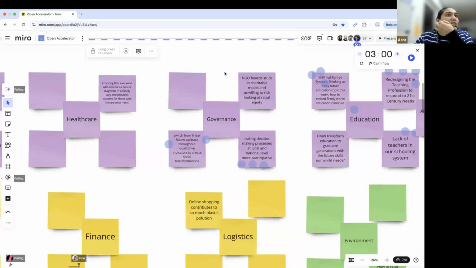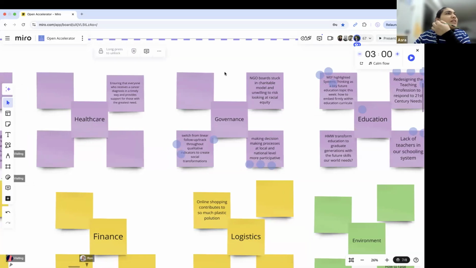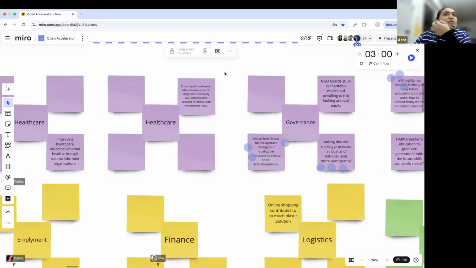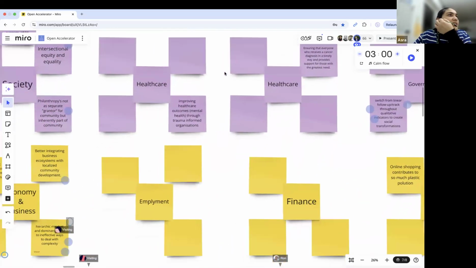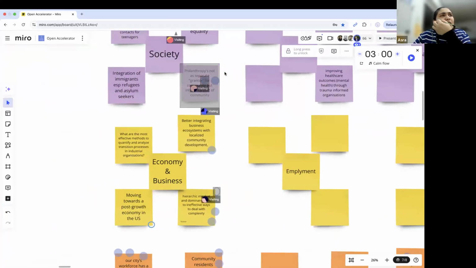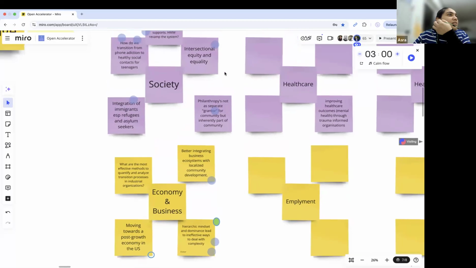There are a lot of people interested in making decision processes at local and national level more participative. Then moving towards economy and business, we have hierarchy mindset and dominance lead to ineffective ways to deal with complexity. We also have better integrating business ecosystems with localized community development.